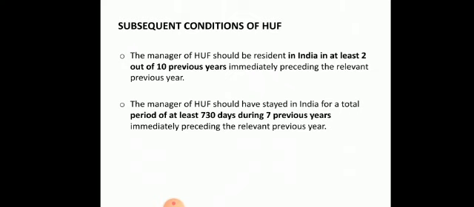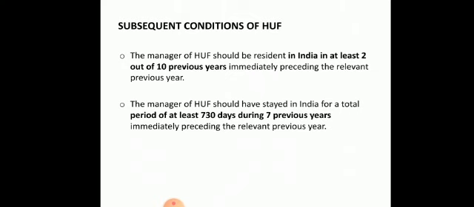Subsequent conditions of Hindu undivided family. The manager, or we are going to call him the Karta, the head or male dominant person of the Hindu undivided family, should be resident in India in at least 2 out of 10 previous years immediately preceding the relevant previous year.